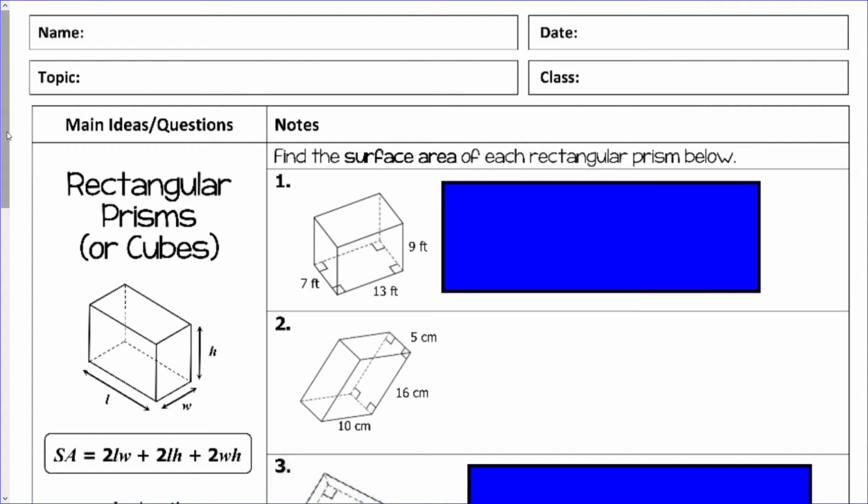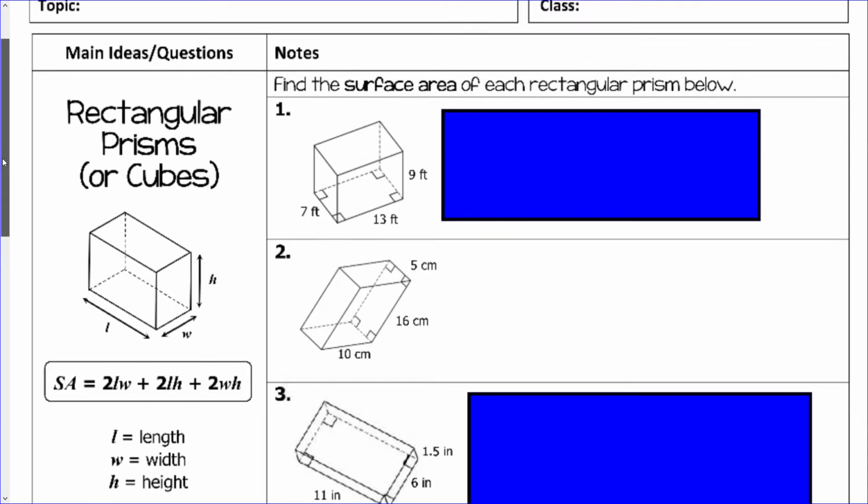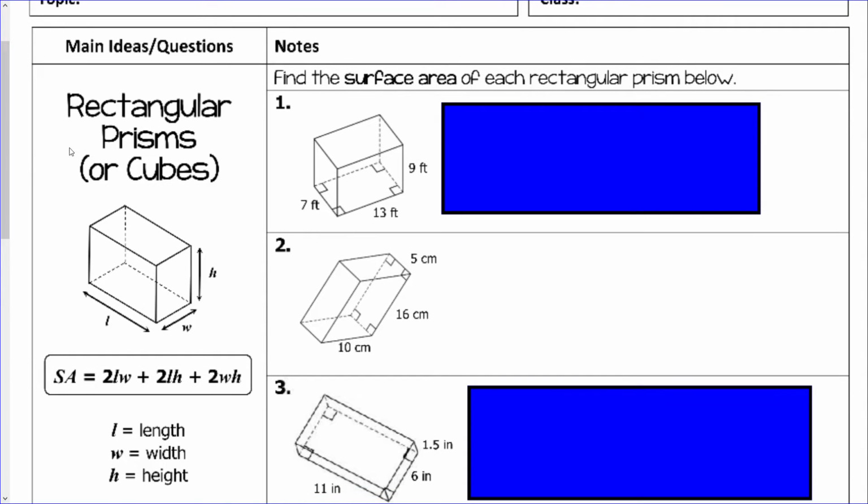Now, the rectangular prism or cube, same formula and everything. Actually, let me backtrack for a second. With volume, we're getting everything that's on the inside of a particular shape. With surface area, basically what we're doing is adding up the areas of all of the outside sides.